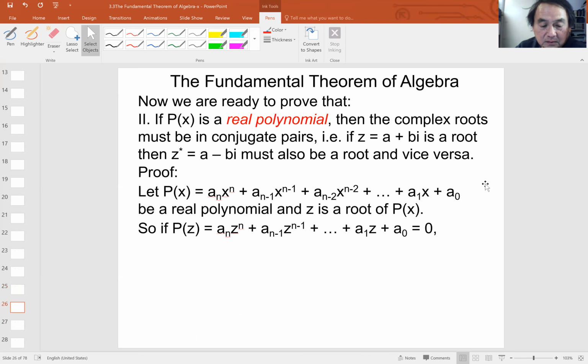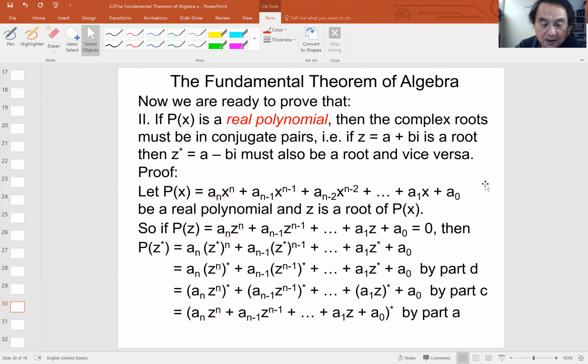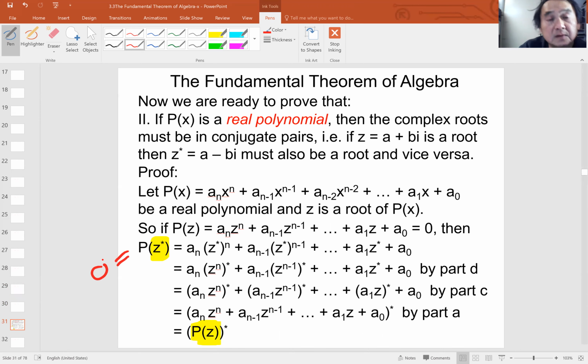And so we wind up with the proof step by step, using all the properties we just went through. Plugging in the conjugate is the same as plugging in the original, then conjugating the answer. And what does that mean? It means that if z's conjugate is a root, then this has got to be 0.